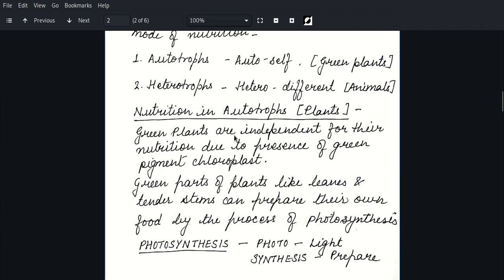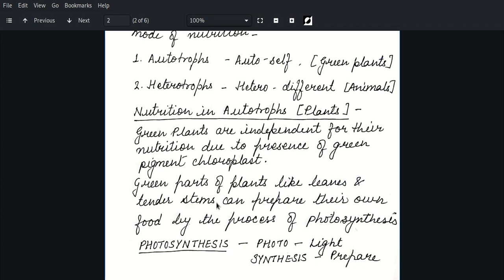So green plants are independent for their nutrition due to presence of this green pigment chloroplast. Chloroplast is present in leaves and tender stems. Those green colored parts of plant can synthesize their own food because of presence of chloroplast.